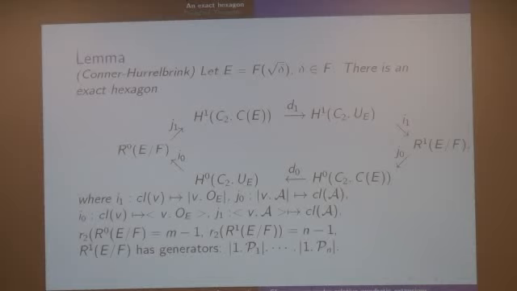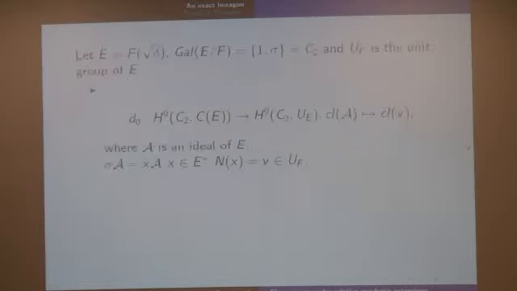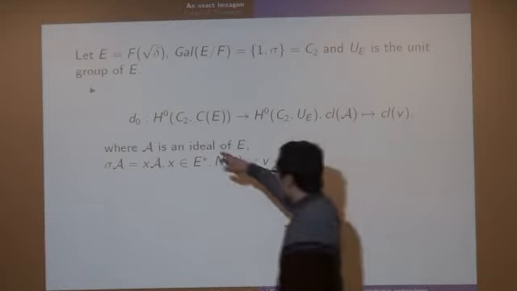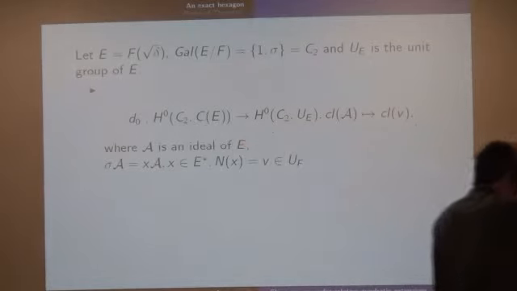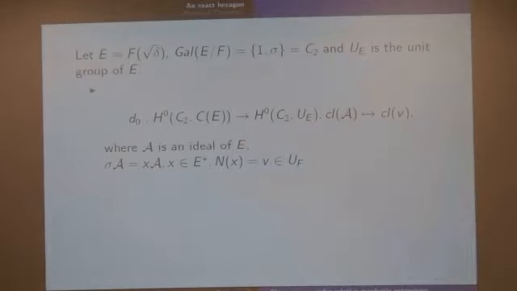Also the D1 D0 we can also connect, that E equals to F squares delta Galois EF equals to 1 sigma C2, and UE is the unit group. H0 C2 CE, H0 cohomology is Tate cohomology, just Tate cohomology.